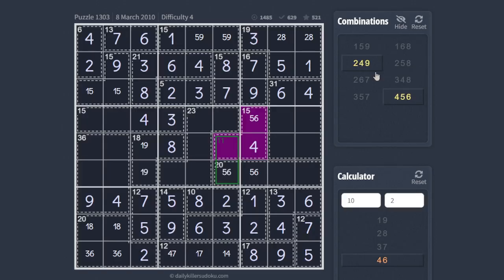There's no 5 or 6 there. There's no 5 or 6 there. So this must be a 5, 6 as well. This 5, 6 pair helps us resolve this 5, 9 pair up above in row 1 of box 2. So this is a 9 and this is a 5.